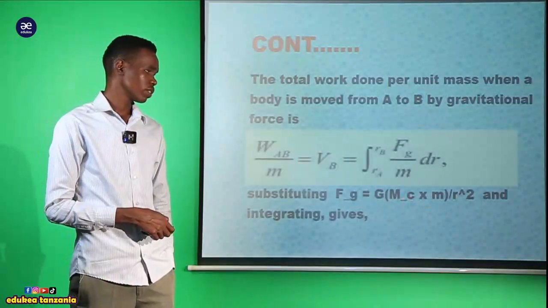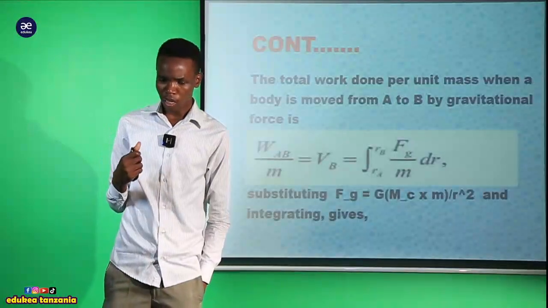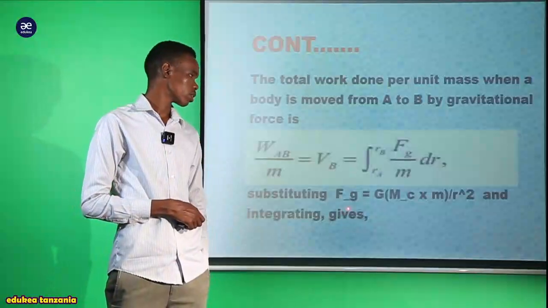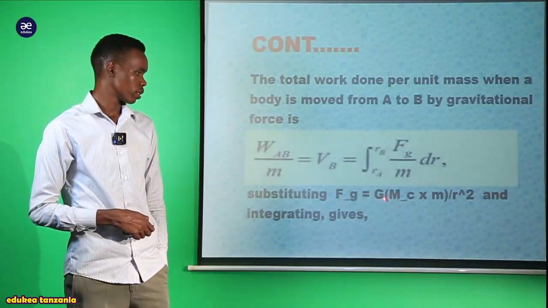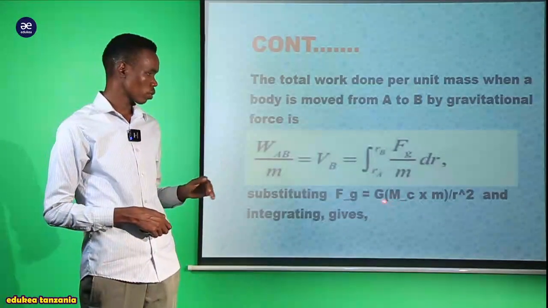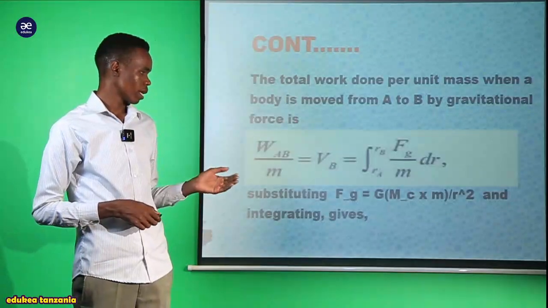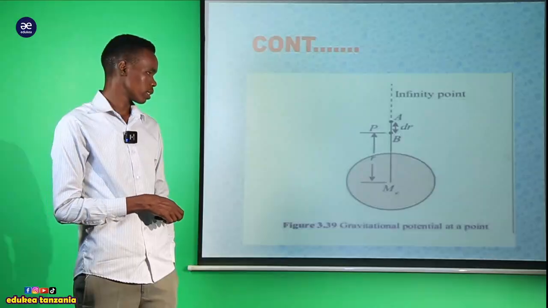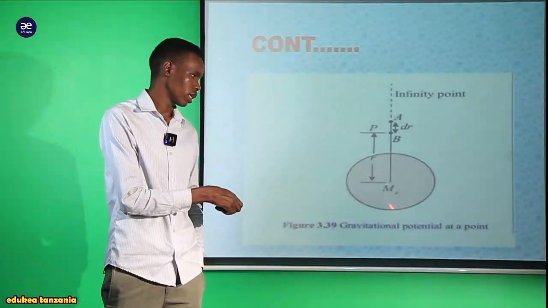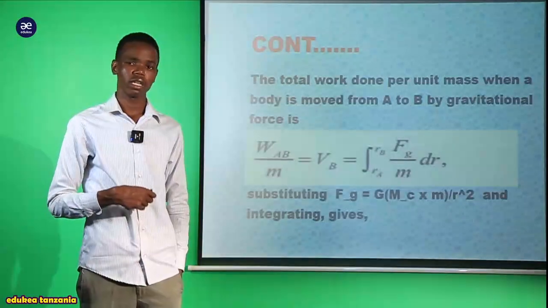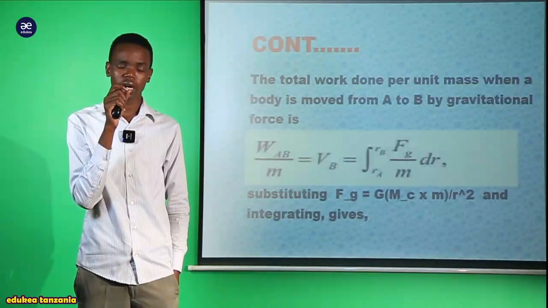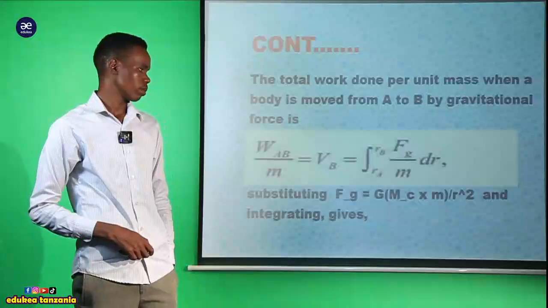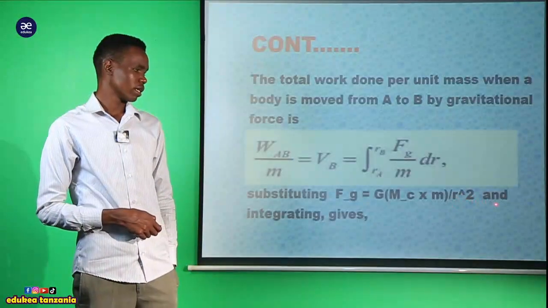Substituting FG, the gravitational force is equal to the universal gravitational constant multiplied by the mass of the S, the mass that is exactly at the center here, then multiplied by the mass of the body that we shift from point A up to point B, then divided by R square.